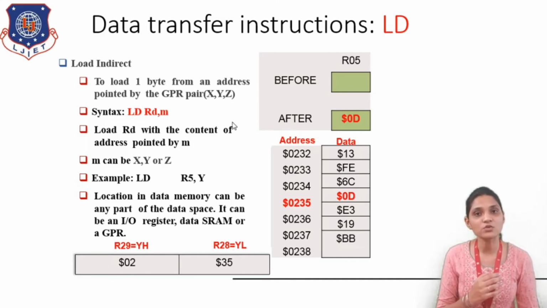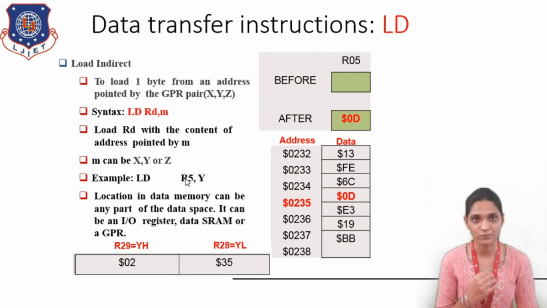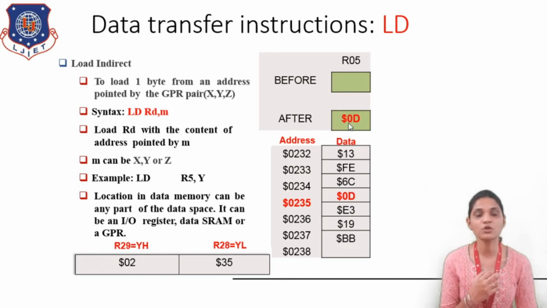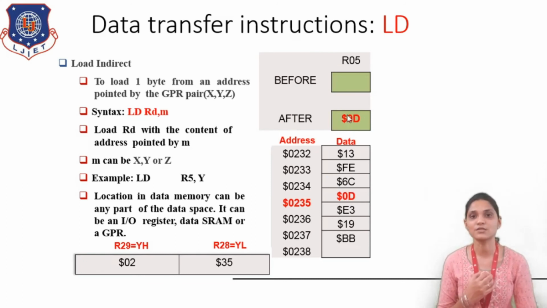And after execution of this instruction, the content of the location 0235 is going to be stored at the register 05. Okay, so before, if it is having 0 value, then after execution it will have the value of that particular location, that is 0D. So 0D is going to be stored at the register R05.